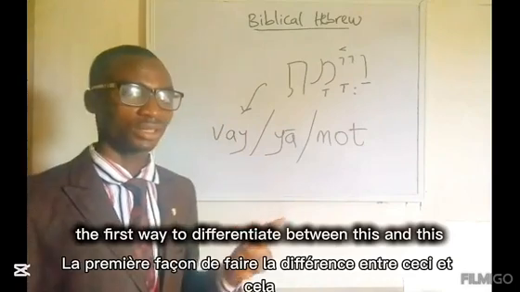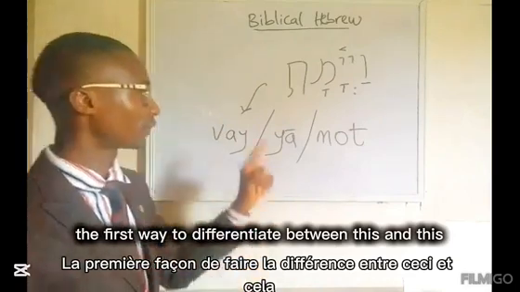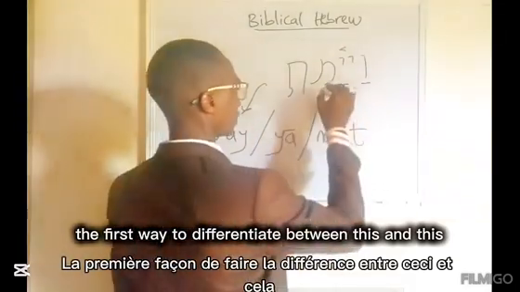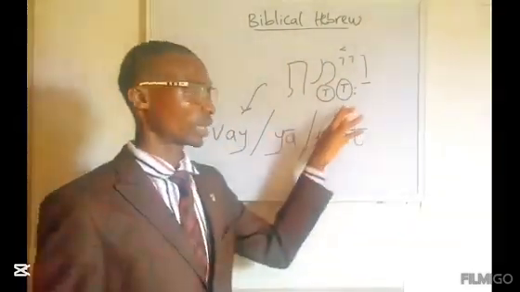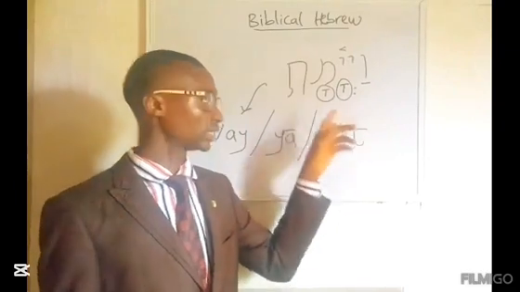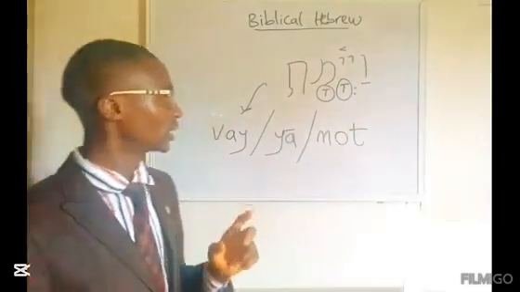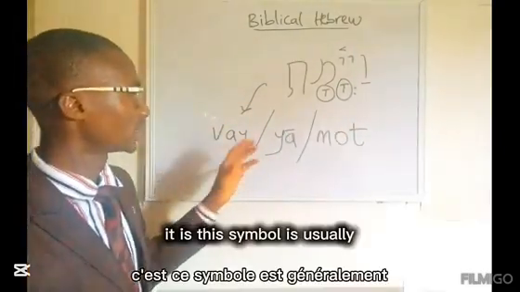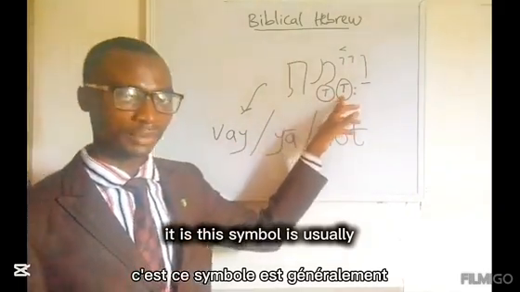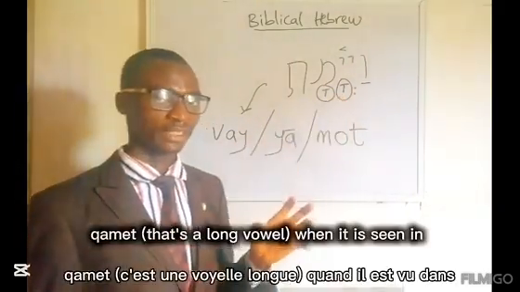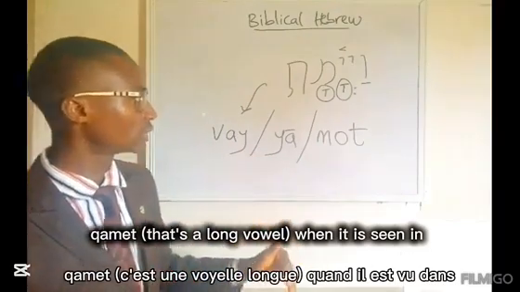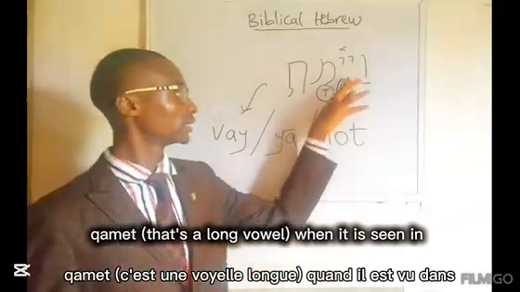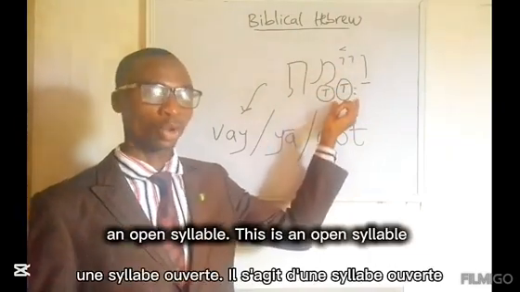The first way to differentiate between this and this, so as to know either this is Qamet and this is Qamet-hatuf, is this symbol is usually Qamet, that's a long vowel, when it is seen in an open syllable.